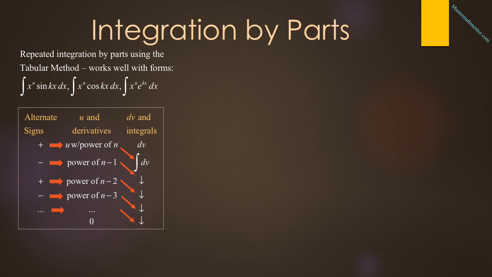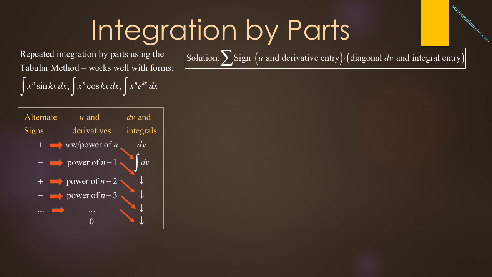We do this for each row. The solution will be a summation. It sums the product of the sign times the u and derivative entry times the diagonal dv and integral entry. Let's see this with two problems.